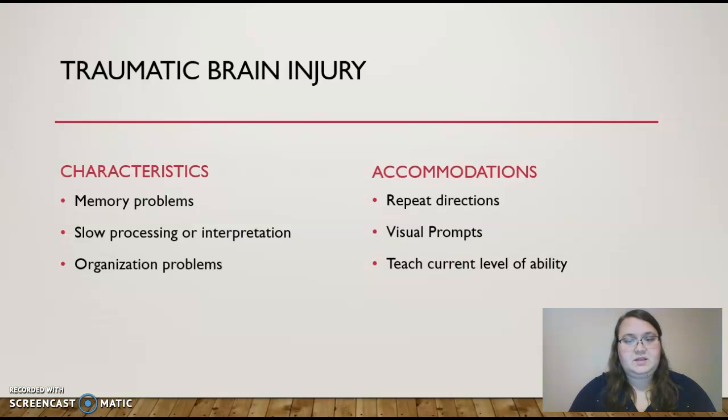Another one is teaching at their current level of ability. You don't want to strain them or make them do something that they can't, because it's going to become frustrating to them.